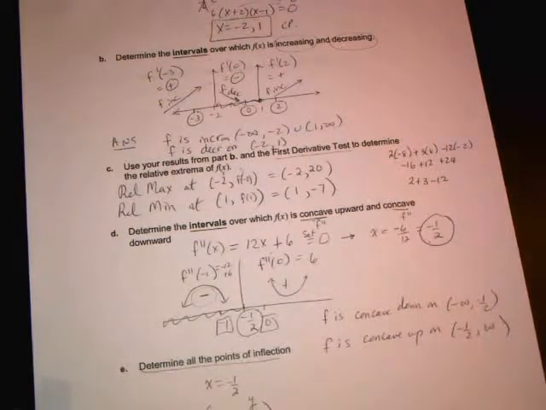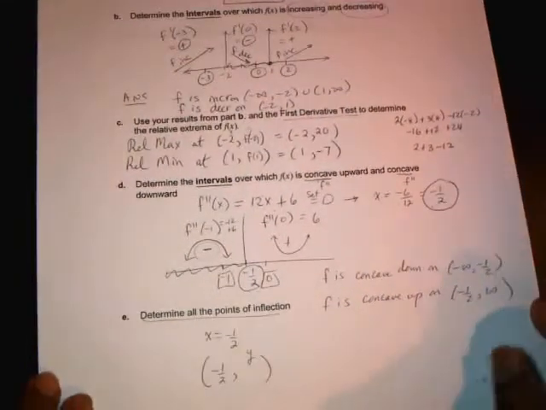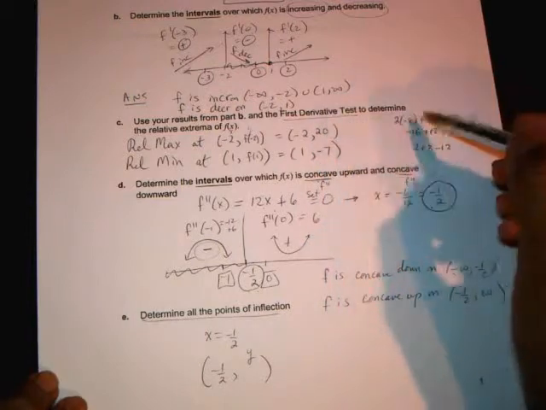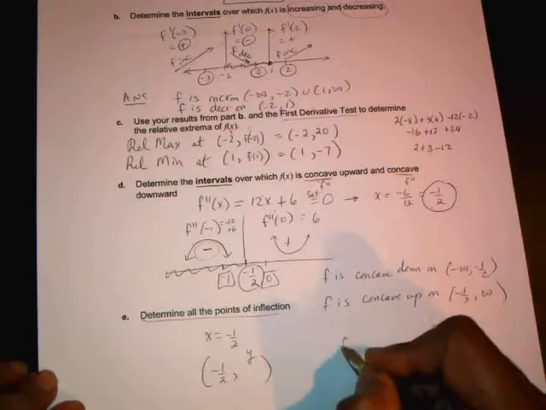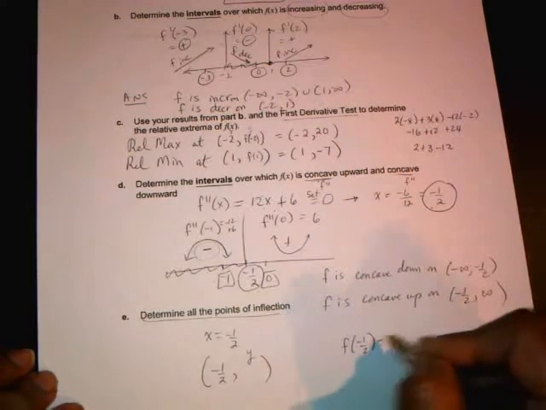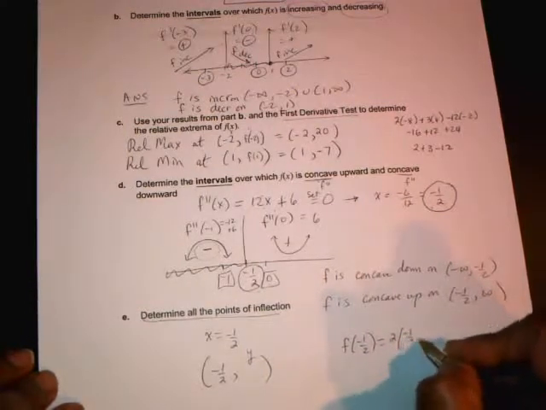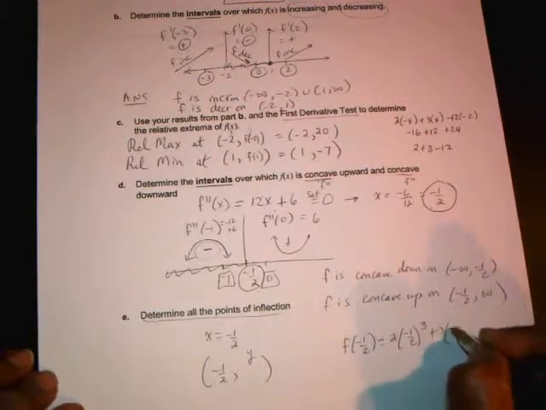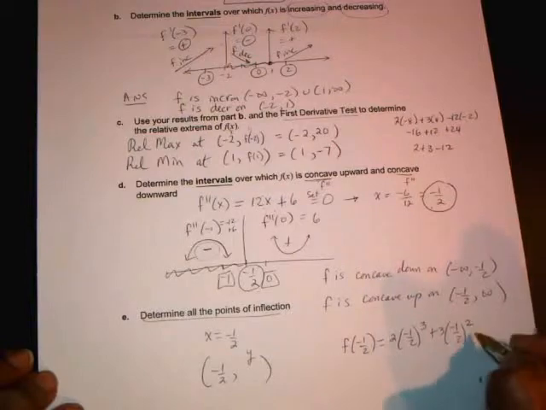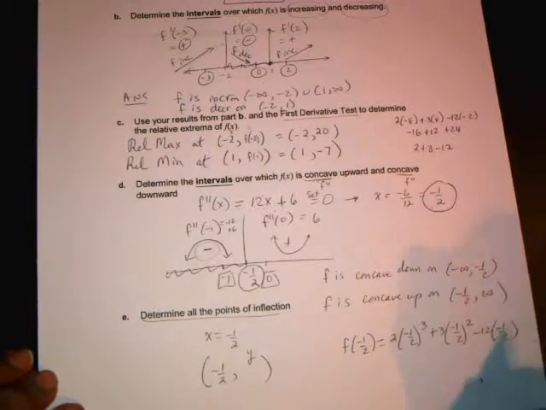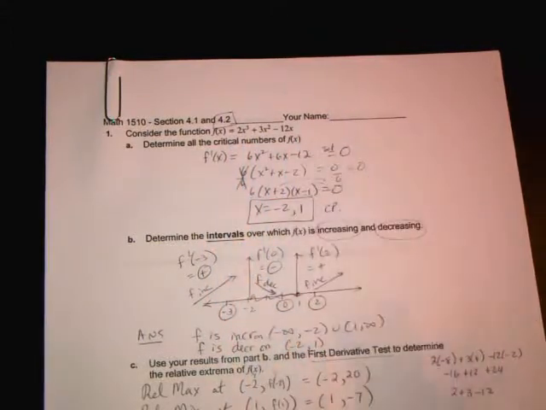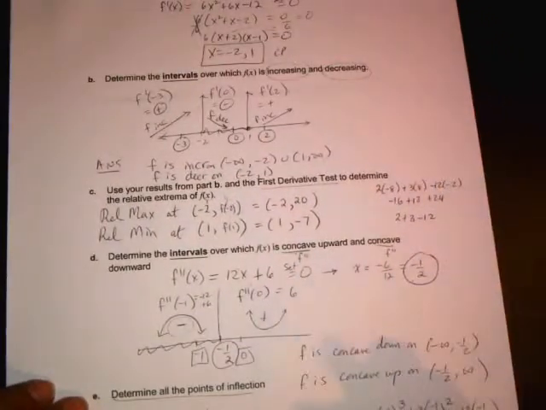Now to find the y value, we're going to do what we did earlier up here. To find the y value, we went to the original function. I need to find f at negative half. So it's 2 times negative half cubed plus 3 times negative half squared minus 12 times negative half. So one more time, I went all the way up here to the original function and I'm plugging in negative half. Again, feel free to use a calculator.